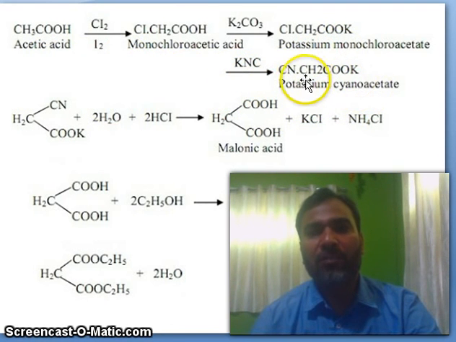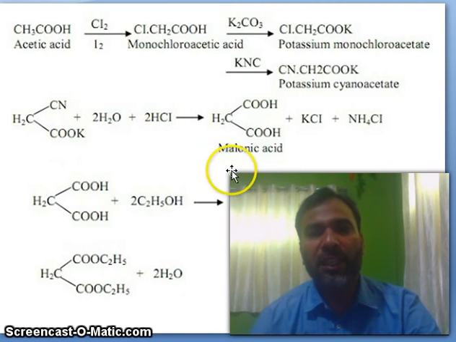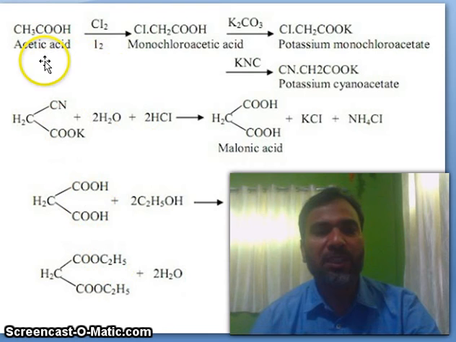Now potassium cyanoacetate, in the presence of water and acidic conditions, gives malonic acid. Here 2 COOH groups are present, and when it reacts with ethanol it forms malonic ester. So this is the synthesis of malonic ester starting from acetic acid.